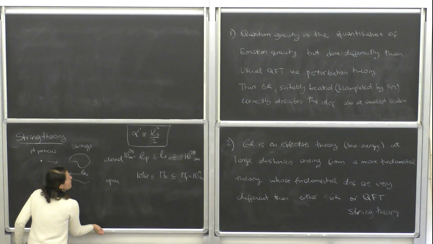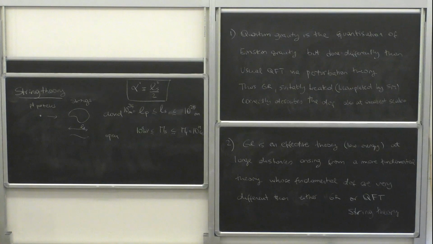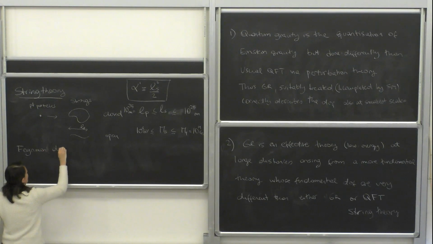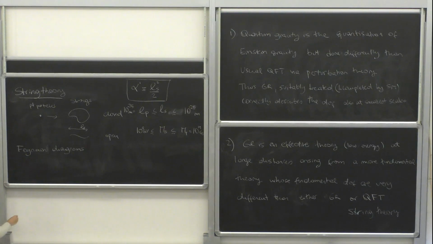So we will have Feynman diagrams. The way we quantize strings is perturbative, but the point of Feynman diagrams is, for example, in point particles you have something like this, an electron with the electric field.